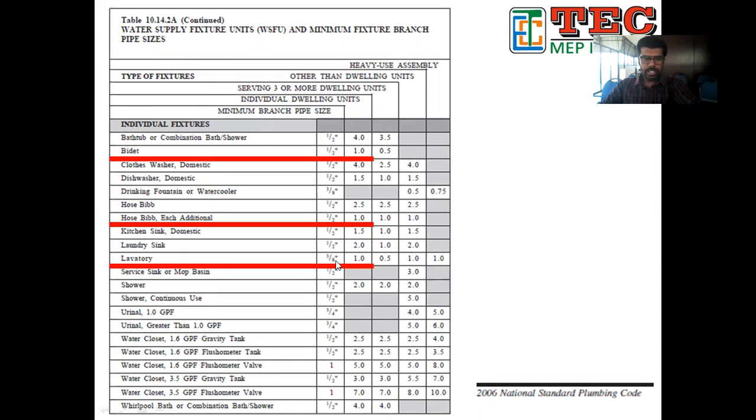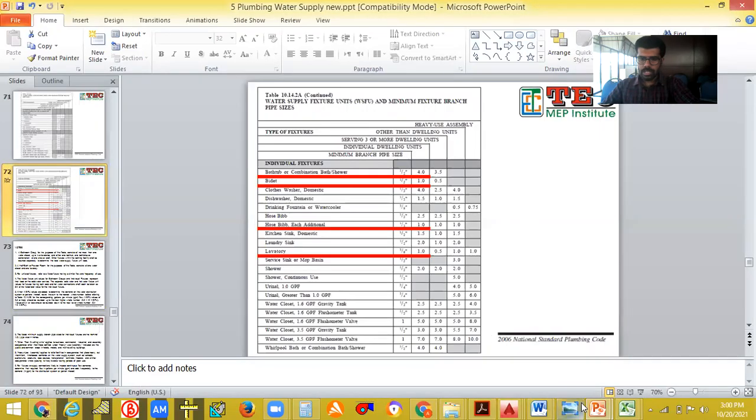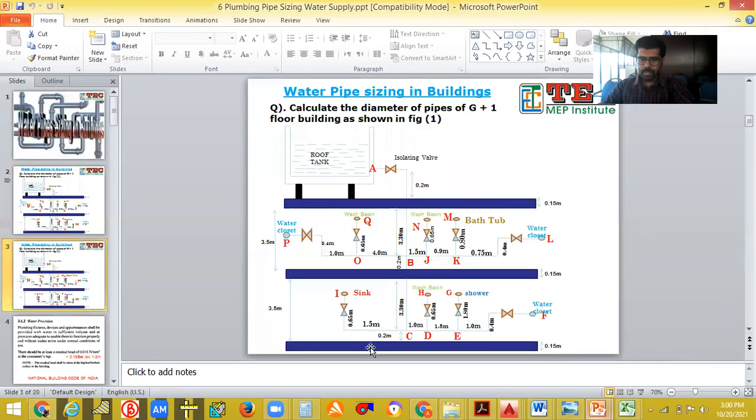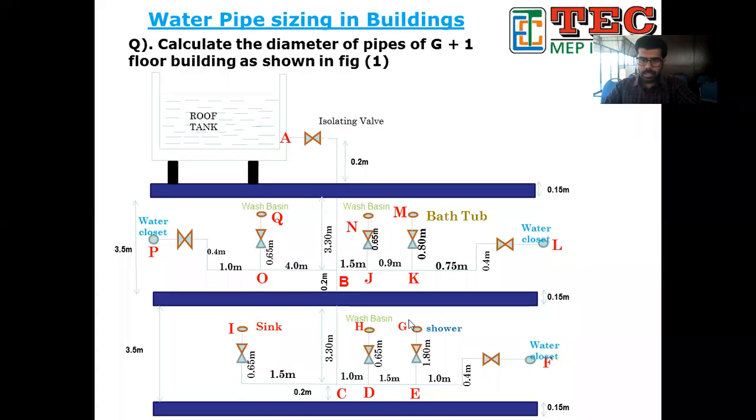So 3 by 8 inch is the pipe size of the wash basin.